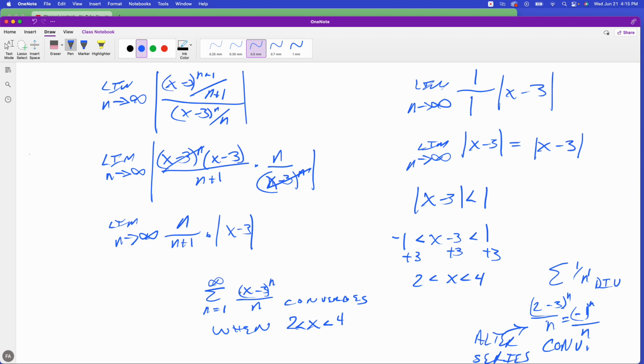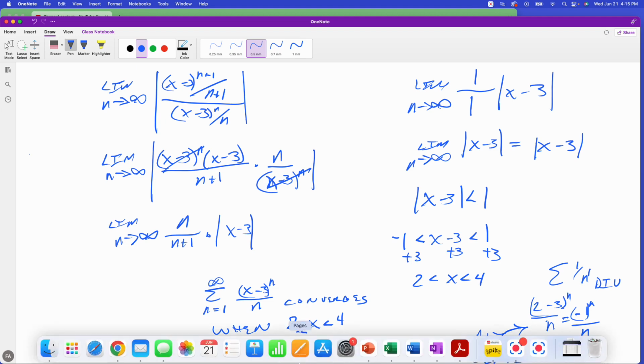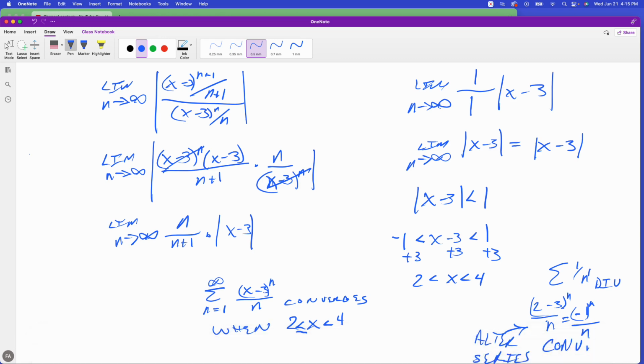So we're going to add an equal bar right there. The reason we added that equal bar was because this is an alternating series, and because it's an alternating series, the 2 needs to be included in the convergence interval.